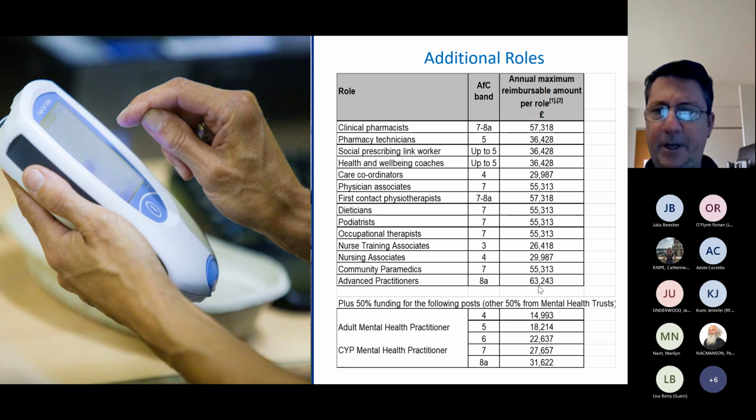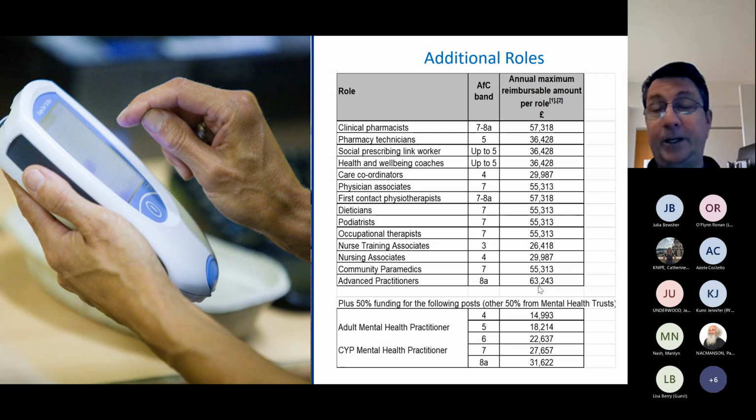Advanced practitioners come in as well, and adult mental health practitioners are a relatively new one, where you get 50% funding. So 50% remains with the mental health trust, and 50% is paid for through the additional role reimbursement scheme.